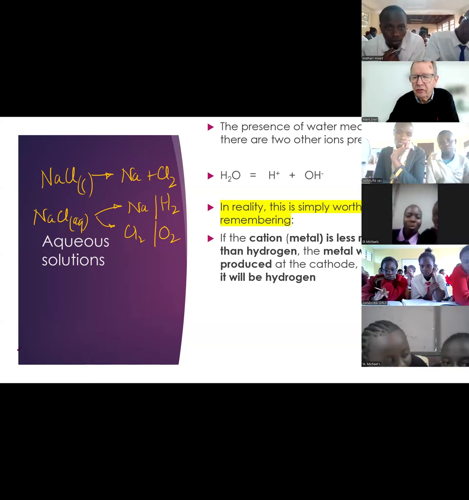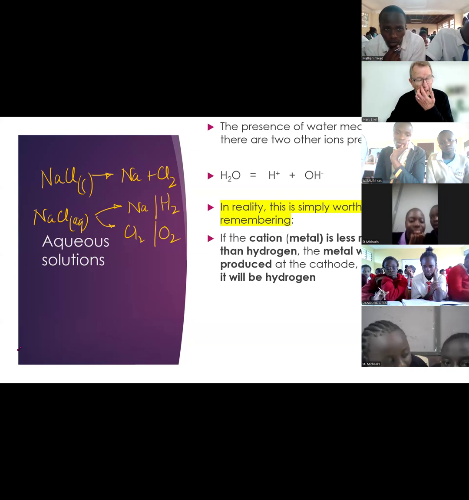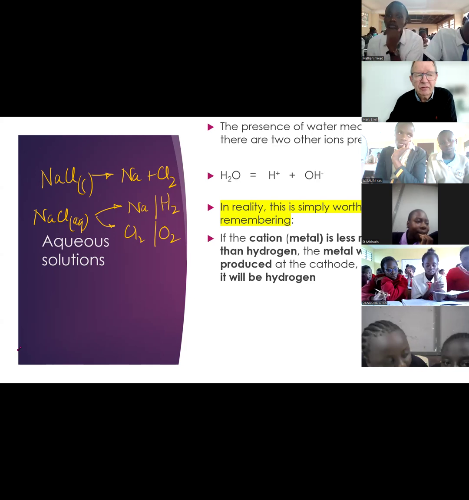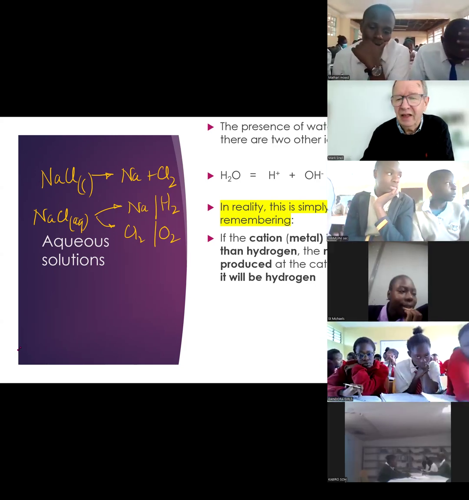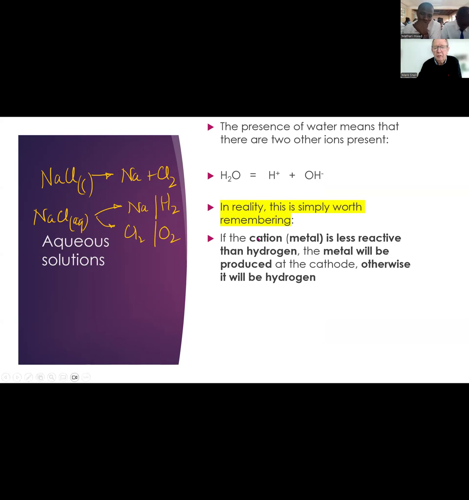Okay, at the cathode, we get either metal or hydrogen. If the metal is more reactive than hydrogen, we will get hydrogen. If it's less reactive, and that is only copper, silver, gold, titanium, platinum, that's all, then we'll get the metal.